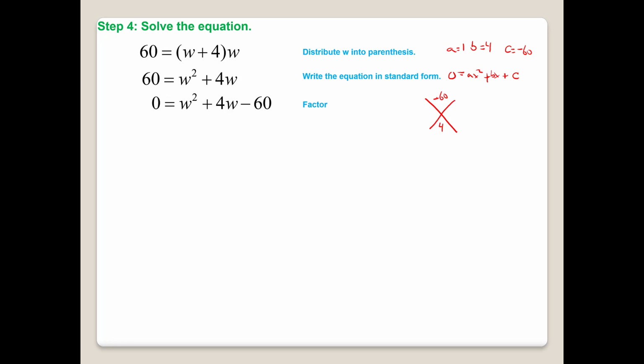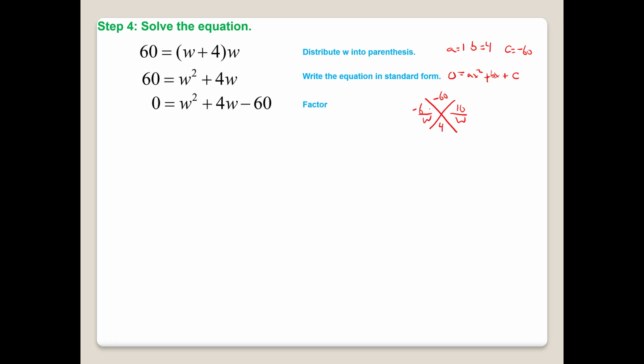So these two numbers need to multiply together to give us negative 60, but add together to give us a positive 4. Two numbers I can think of easily: 6 times 10 gives me 60 for sure. And if we need a positive 4, let's make that 10 a positive value and make our 6 a negative.